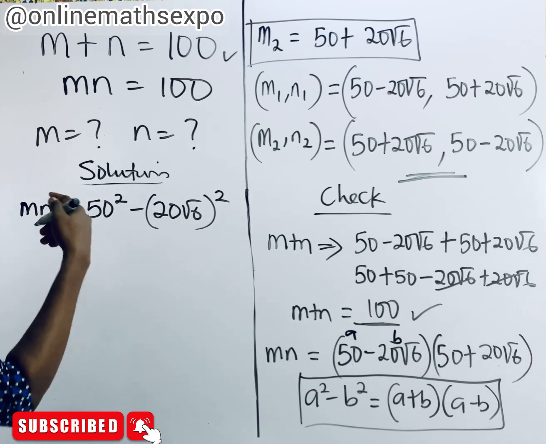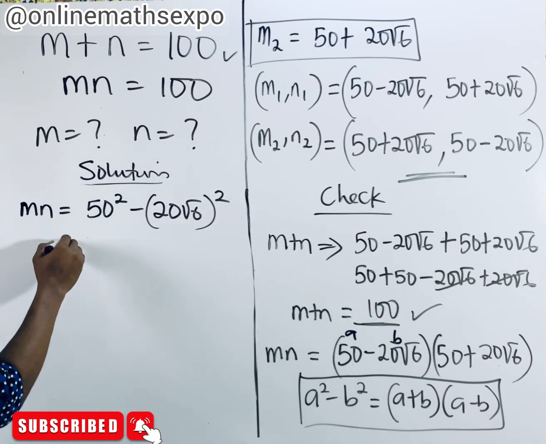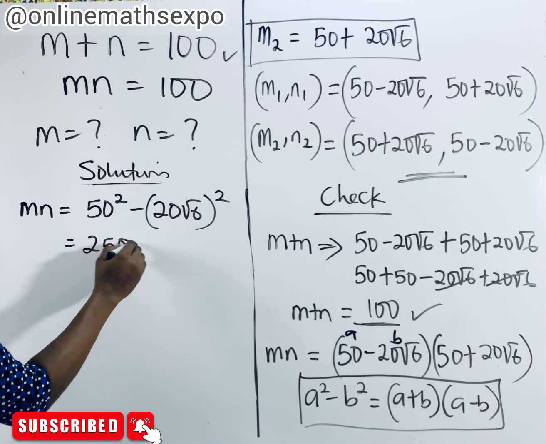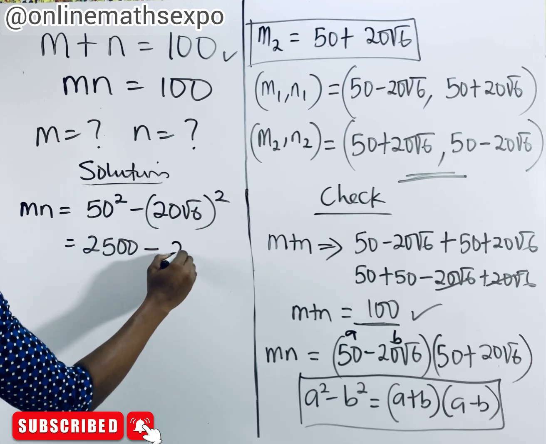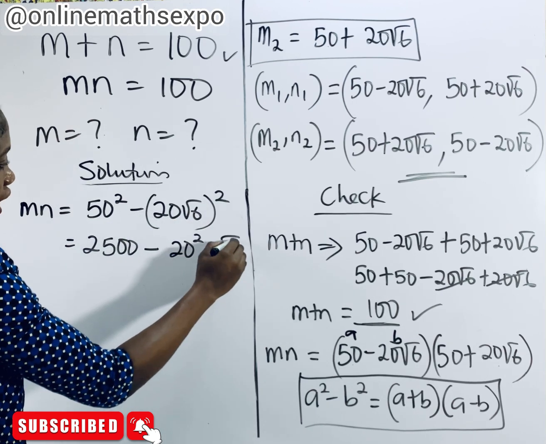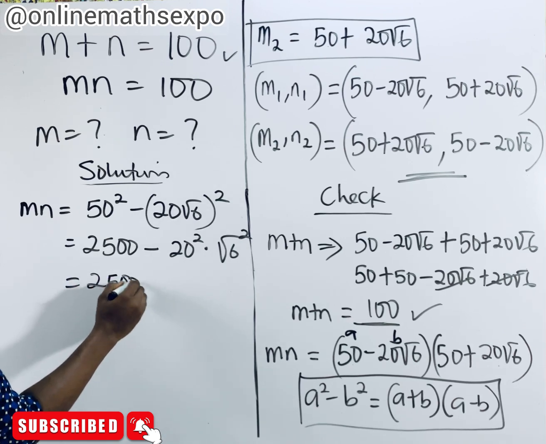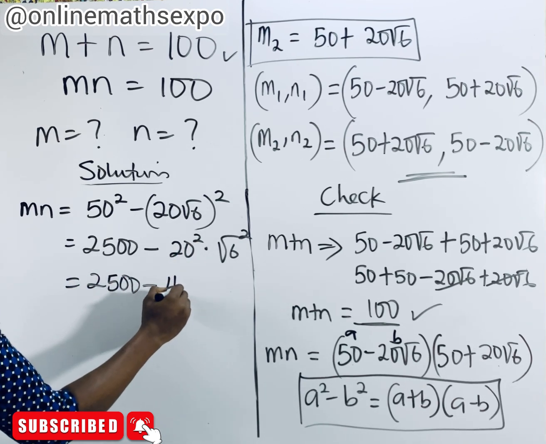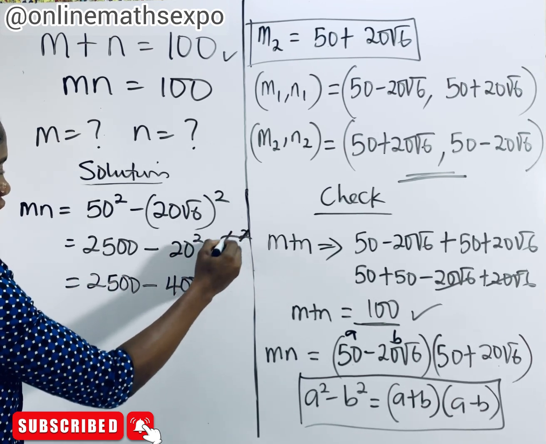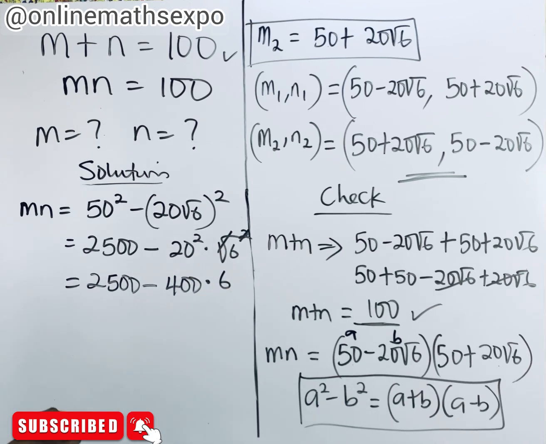So 50 squared is 50 multiplied 2 times, which gives us 2,500. Then 20 squared multiplied by root 6 squared gives us 400. Squaring cancels the square root, so we multiply by 6.